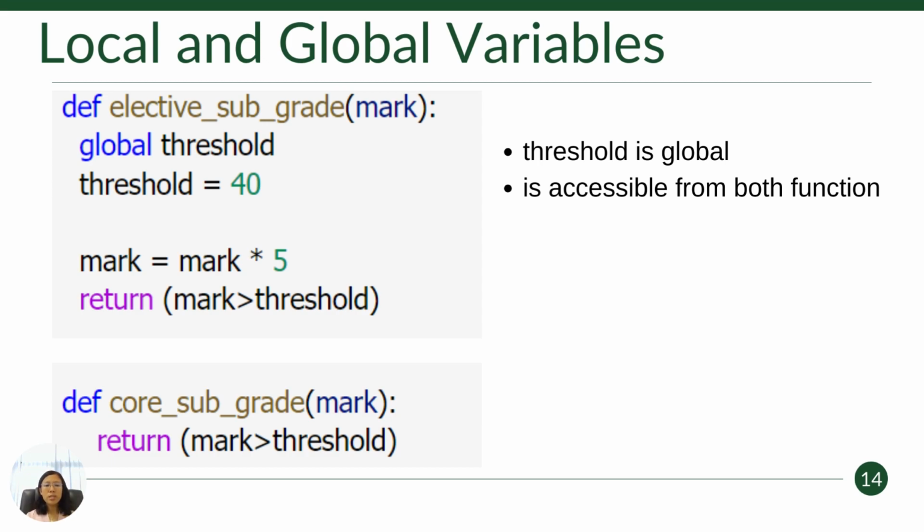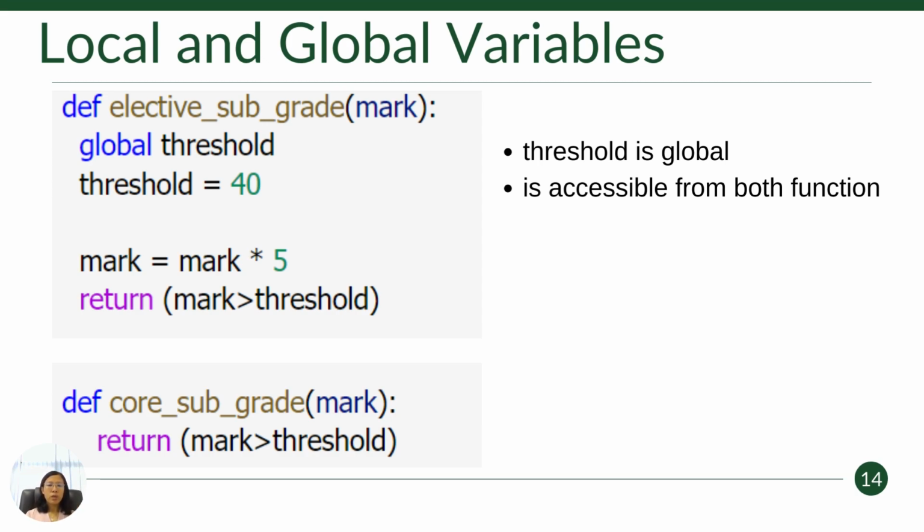It will just automatically know the threshold because threshold is a global variable. It is accessible to both functions. But I don't encourage you to use a lot of global variables, because sometimes it can be very confusing and it loses the privacy of your own variables.